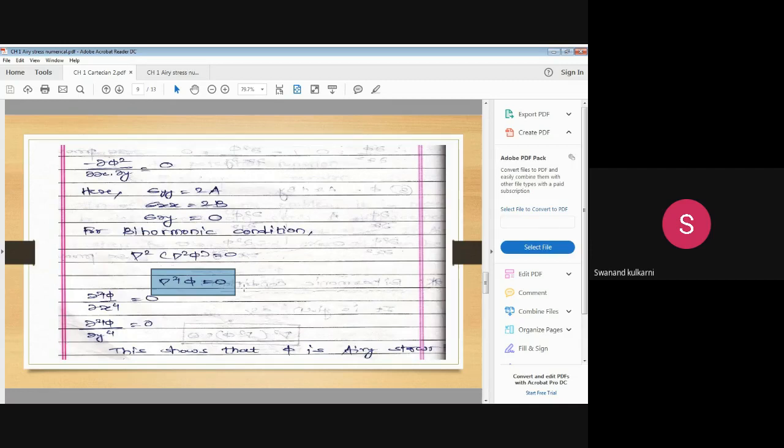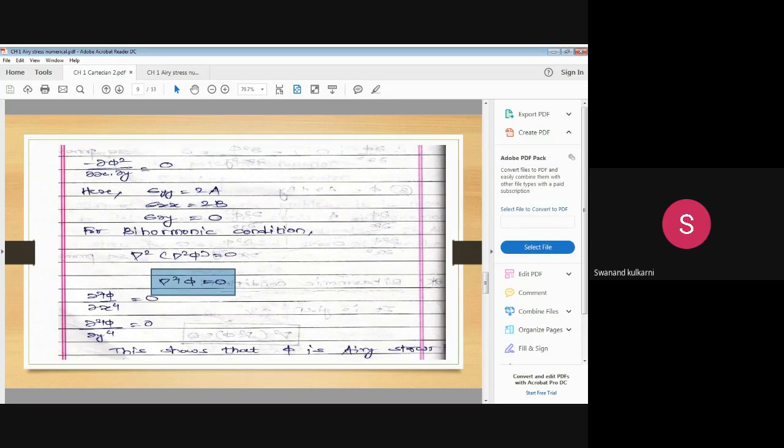Is it okay? So that's why this is the essential condition: del raised to 4 phi should be equal to 0. Unless this equation del raised to 4 phi equal to 0 is valid, this particular problem can't be solved by the Airy stress function. This is the essential condition. Is it okay?